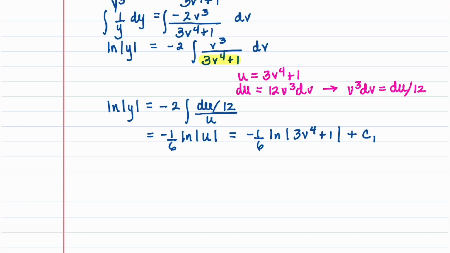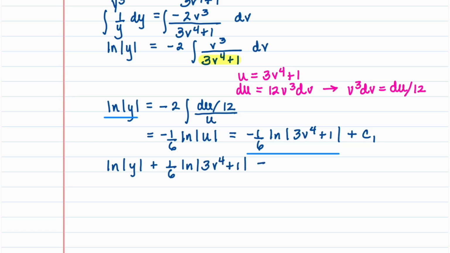Let's now do some combining. We have a natural log on the left and one on the right. Let's move both of these natural logs to the left, and we get natural log absolute value y plus 1 over 6 natural log absolute value 3v to the 4th plus 1, and that is equal to c1. In order to combine the logarithms, we need to move our constant inside the natural log. I would prefer to raise a term to the 6th power rather than the 1/6 power, so I'm actually going to multiply each term in our equation by 6.